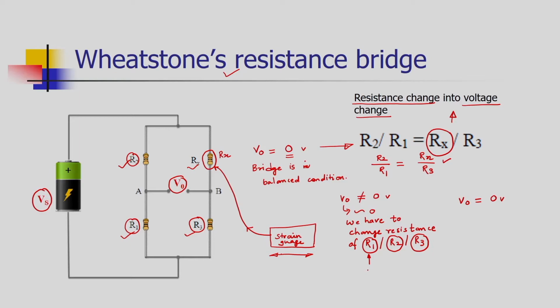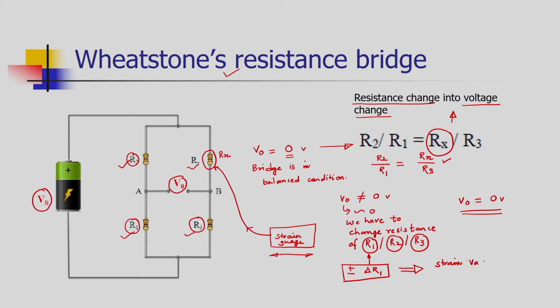That means we have to carry out a resistance change, which may be plus or minus. We have to add a resistance of plus or minus delta R into R1 to get this condition. The change in resistance of R1 needed to get output voltage equal to 0 is the indicator of the strain value inside the strain gauge.